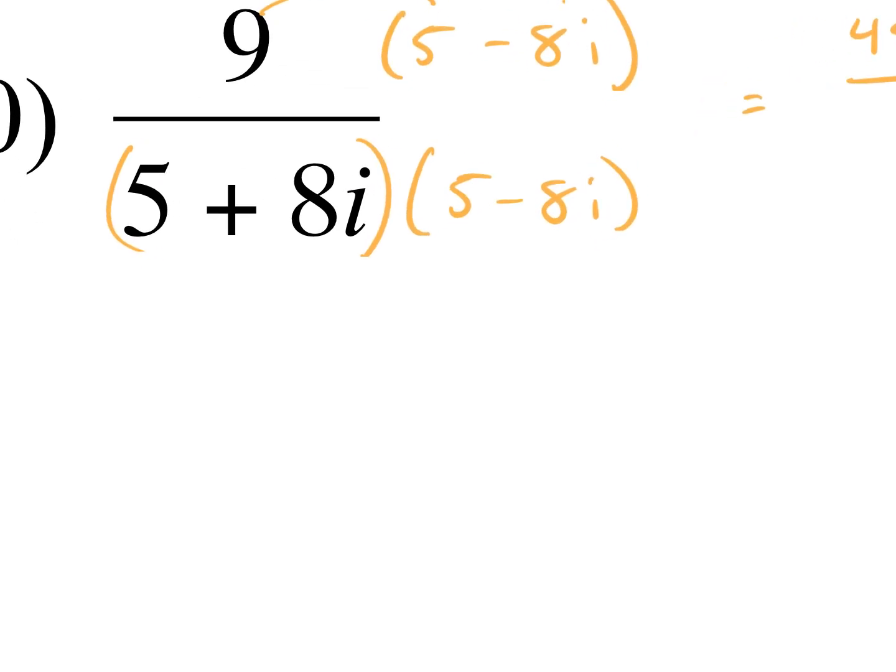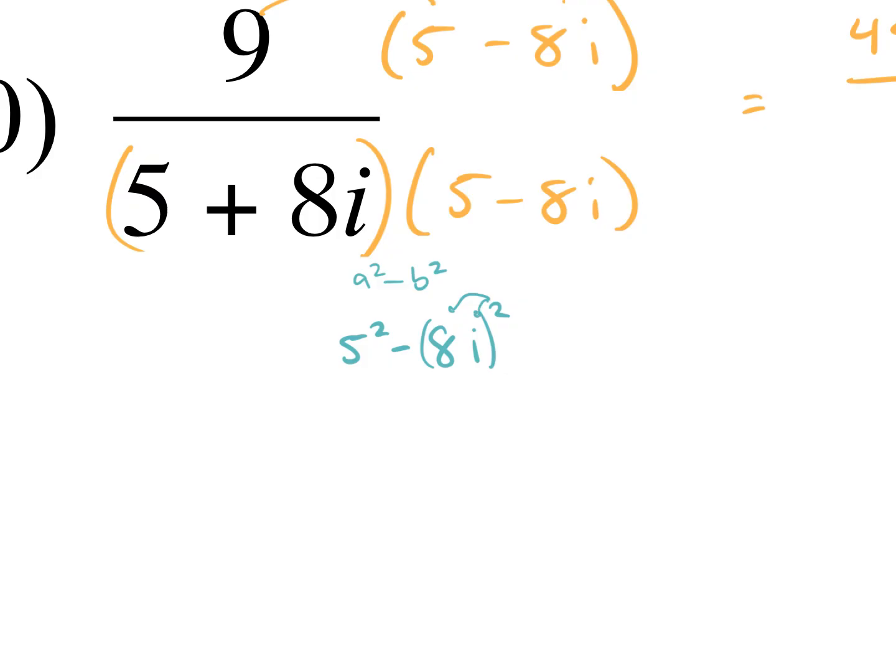On the bottom, you can FOIL if you want, or you could use your conjugate shortcut. So our conjugate shortcut is a squared minus b squared. So our a would be 5 squared, and our b is 8i squared. So minus 8i squared. Now be careful here. You have to square the 8 and square the i.